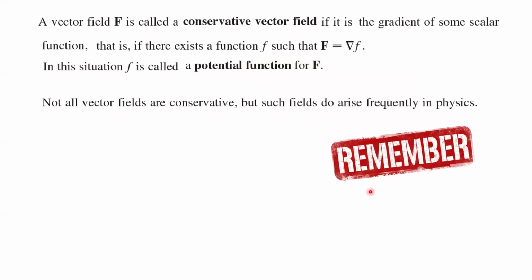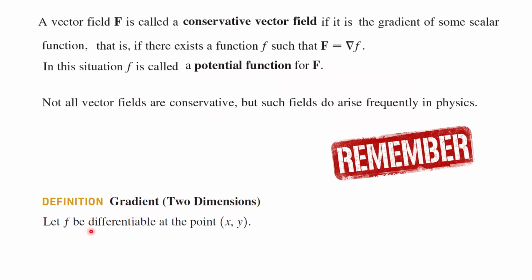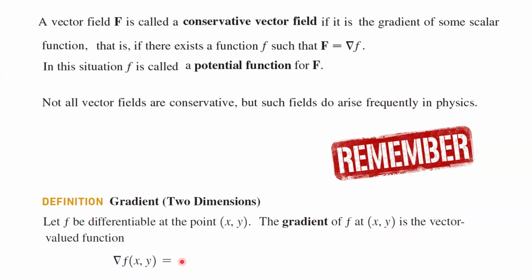Let us go back to partial derivatives and remember that in 2 dimensions, the gradient is defined as follows. Suppose f is a differentiable function at point x and y. The gradient of f at x and y is the vector valued function nabla f, which is a vector, so you basically need the vector notation.